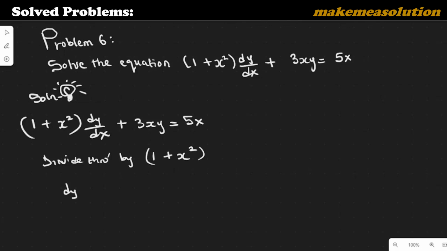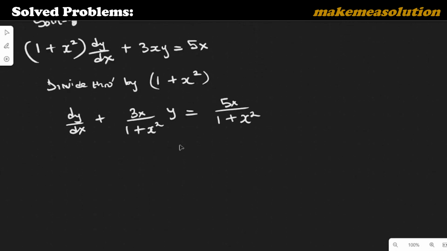So we have dy dx plus 3x over 1 plus x squared, all together times y, is equal to 5x over 1 plus x squared.